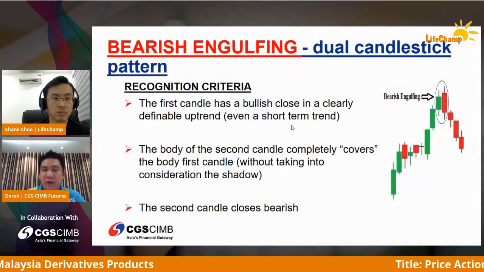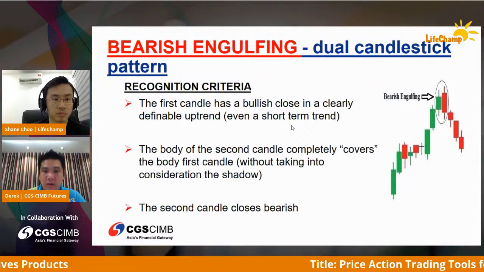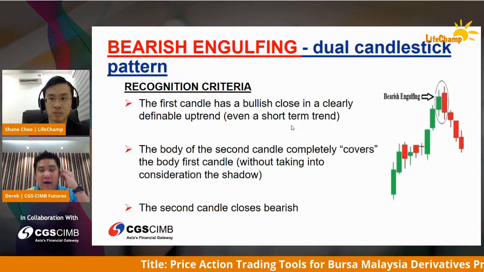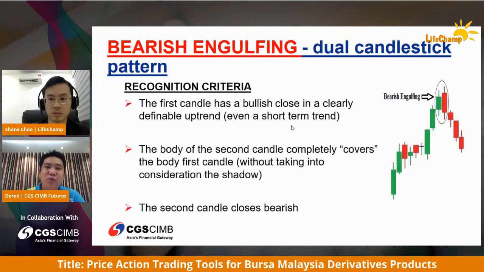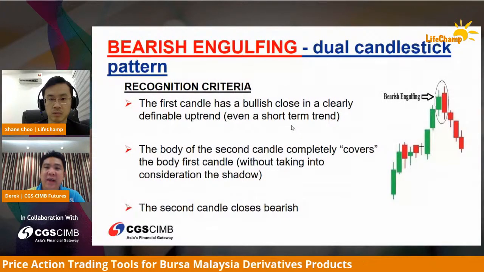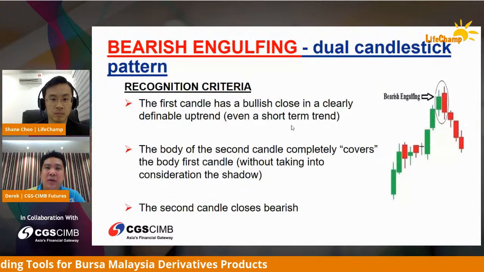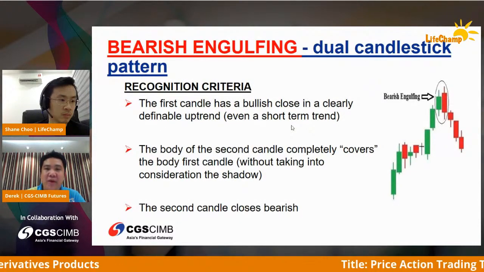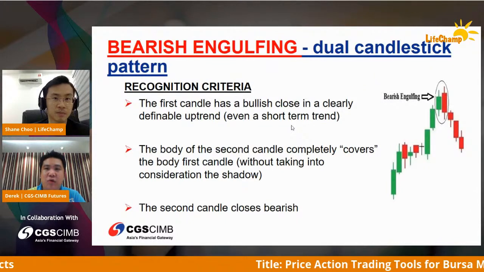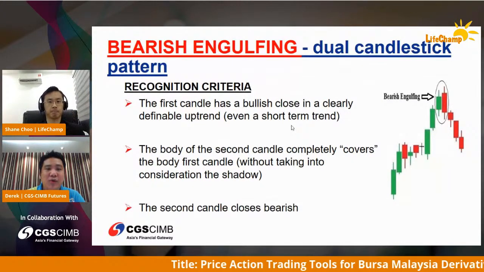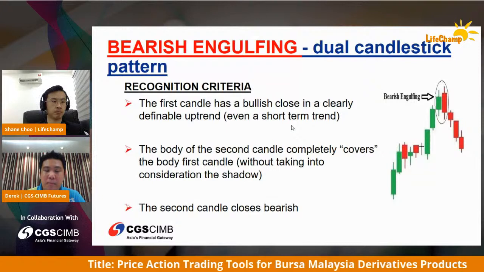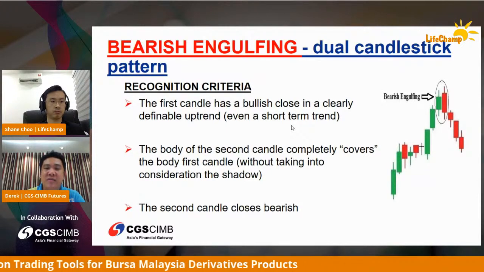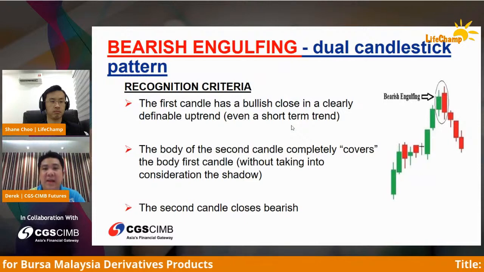The shadow need not be covered as well, but if it even covers the shadow, that indicates the strength of the bears. That means the bears are already prepared and try to wrest control from the bulls. The second candle must close bearish, so the first and second candles are of totally opposite color.